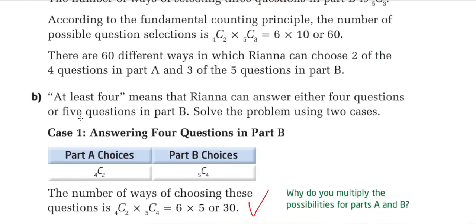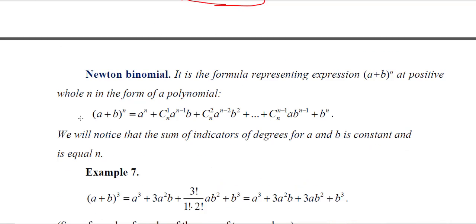So now we'll move to the next section, Newton binomial. So what's Newton binomial? We started with short multiplication formulas. Here we have, for example, a plus b squared or a minus b squared, and we know it's equal to a squared plus 2ab plus b squared.